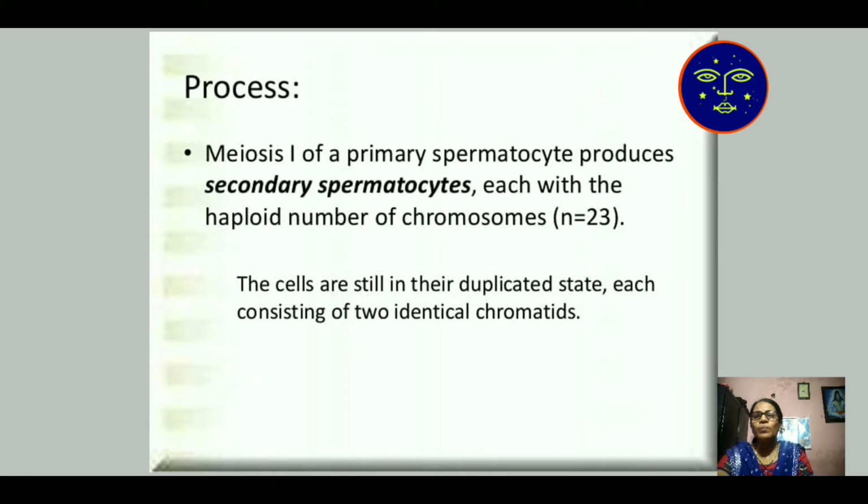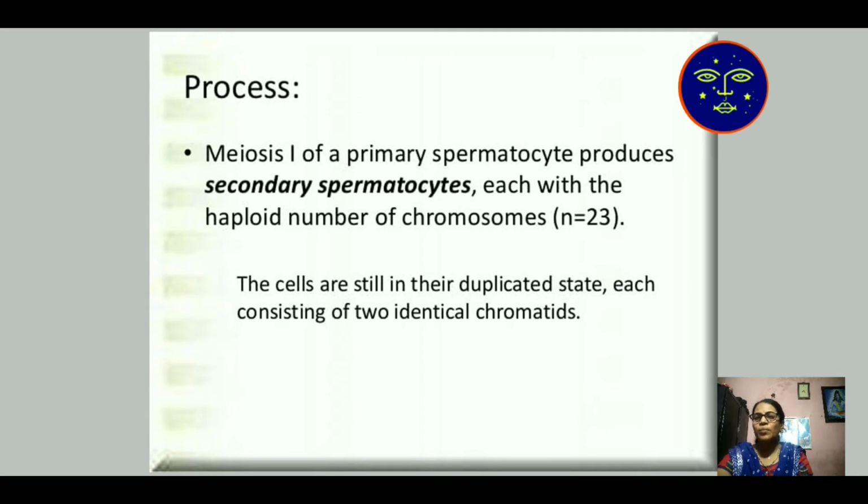So we know meiosis 1 is the reductional division. So the primary spermatocyte undergoes reductional division and produces 23 chromosomes in one cell and another 23 chromosomes in the other. Two secondary spermatocytic cells are produced. The cells are still in their duplicated state.